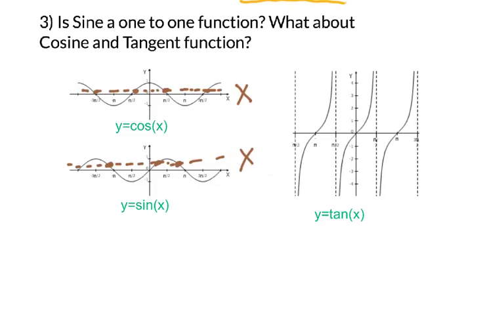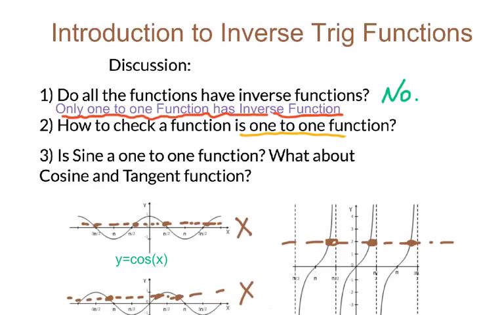For the tangent function, we use the horizontal line test. You can see you have more than one intersection, which means the tangent function is not a one-to-one function. But today's topic is inverse trig functions, which means sine, cosine, and tangent do have inverse functions.